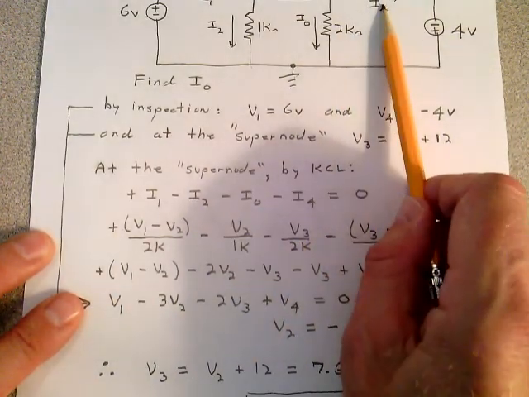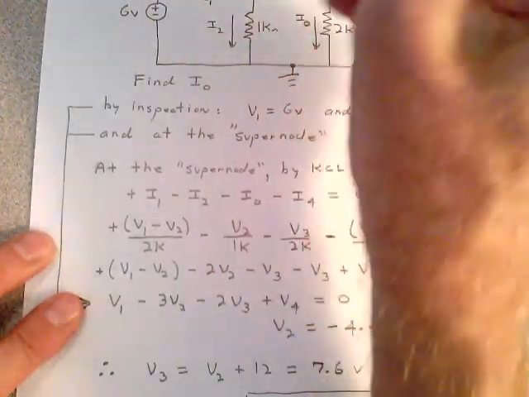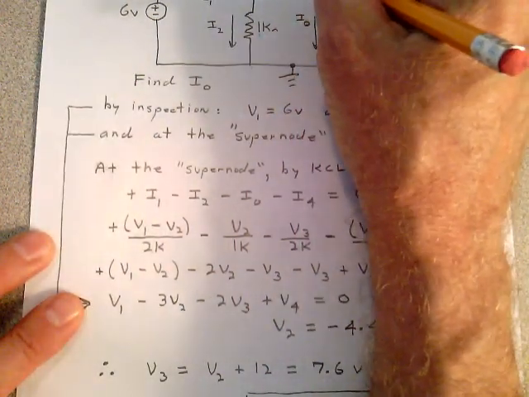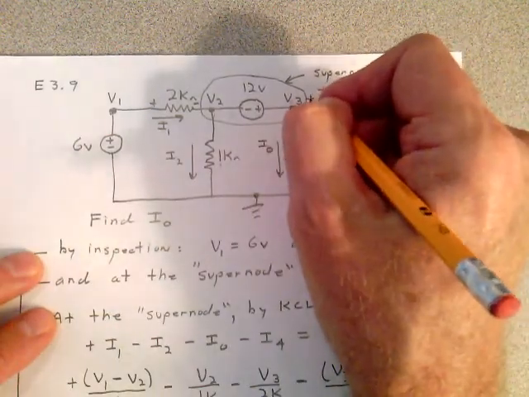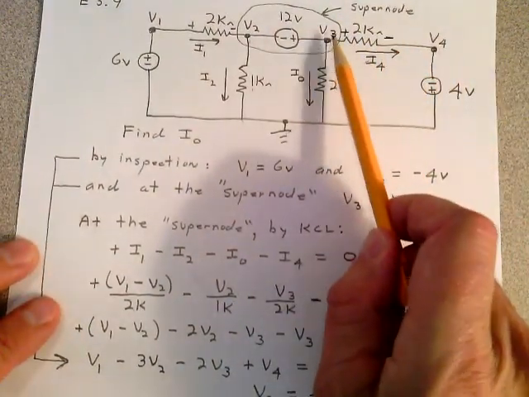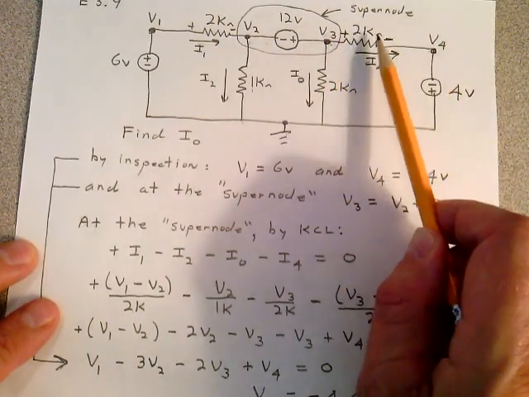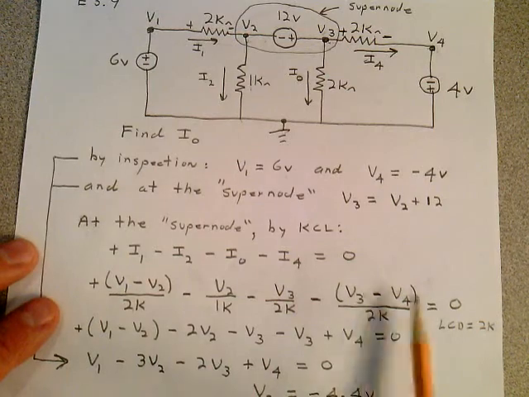And then finally, what is I4? I4 is, this is the more positive. I'm not practicing what I preach. I want to put a plus in there, I want to put a minus in there. So I4 is V3 minus V4 all over 2K ohms.